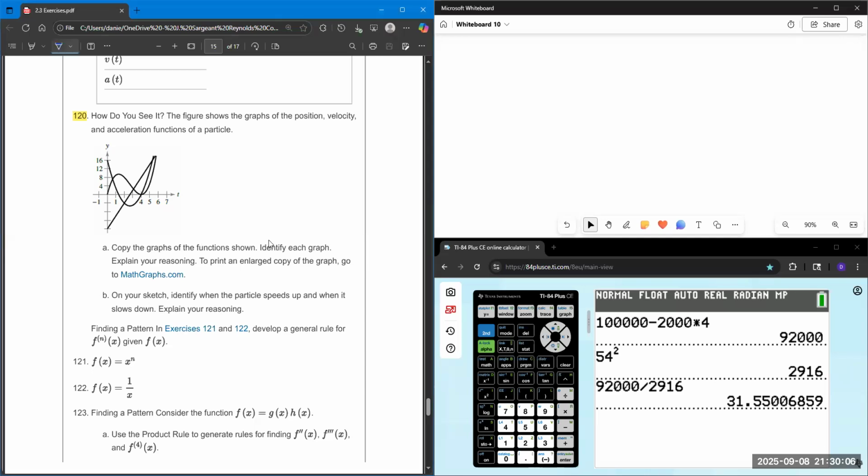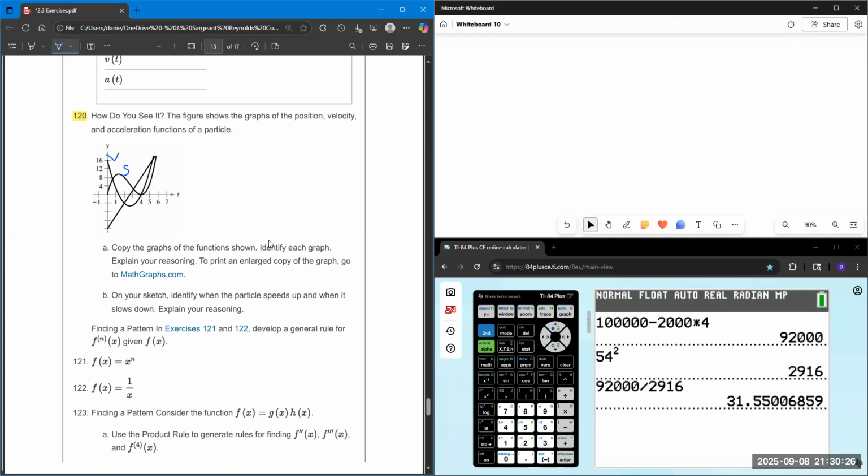So this cubic function right here is the highest degree, so that'll be my position function s. And this quadratic right here will be 1 degree less than this cubic, so that'll be my velocity function v.